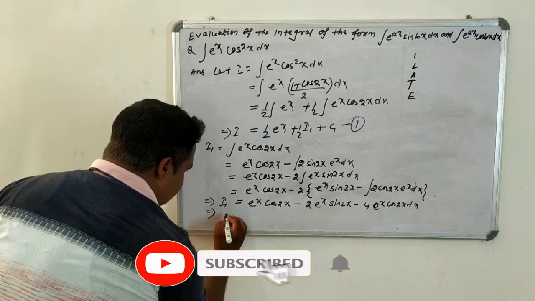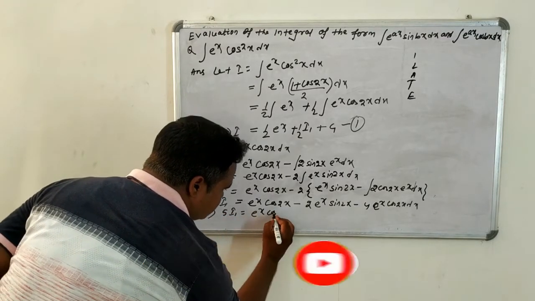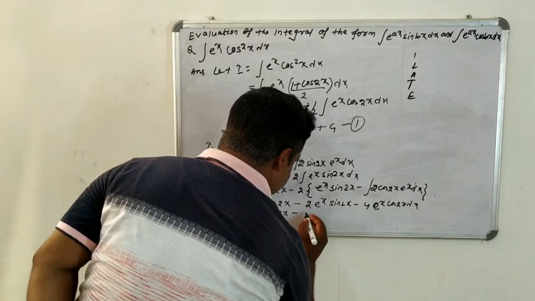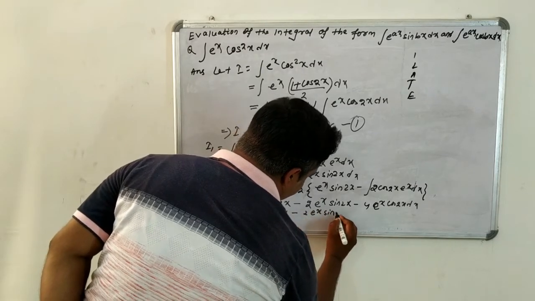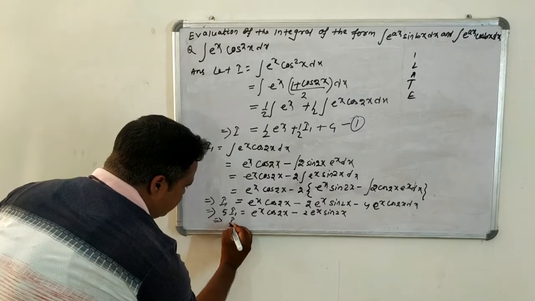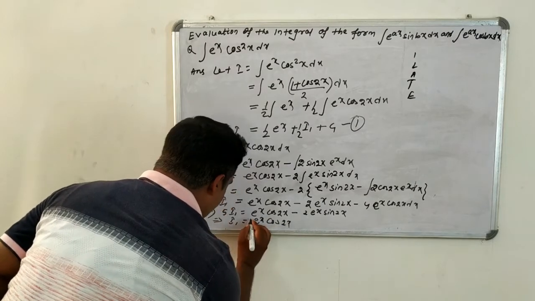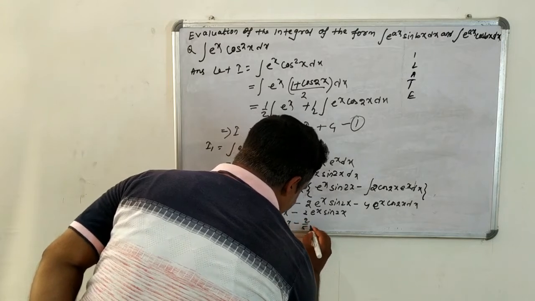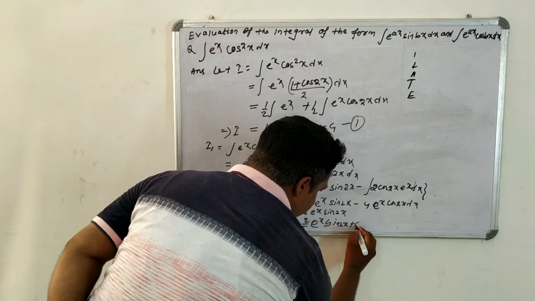So 5 I1 equals e^x cos 2x minus 2 e^x sin 2x. This value also: I1 equals e^x cos 2x times 1 divided by 5 minus 2 by 5 e^x sin 2x plus C2.